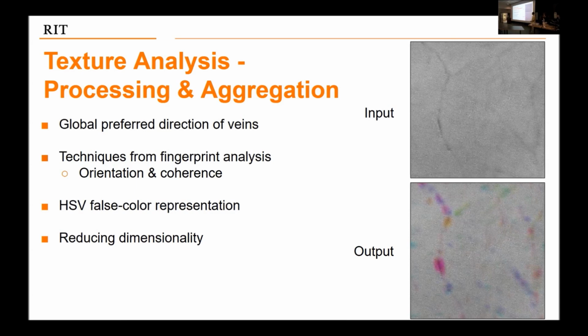And then the key idea of this is that we're able to reduce the dimensionality of the information of whether or not there's a preferred direction. From this coherence and orientation image, we can quantize the angles and then sum the coherence values for each angle to create kind of like a wrapped histogram, transforming this 2D image into one dimension.